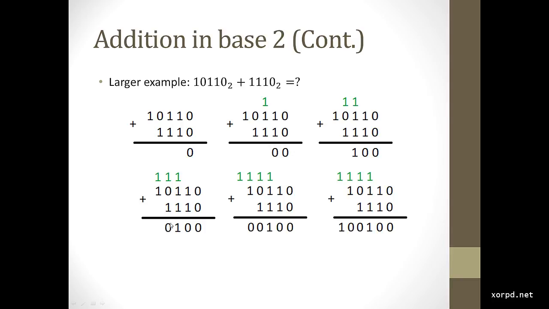The 0 goes here and the 1 goes here. Finally we have 1 plus 1, which equals 10. So the 0 goes here and the 1 goes here. Or maybe we could just put the 1 here. And this is the result that we get.